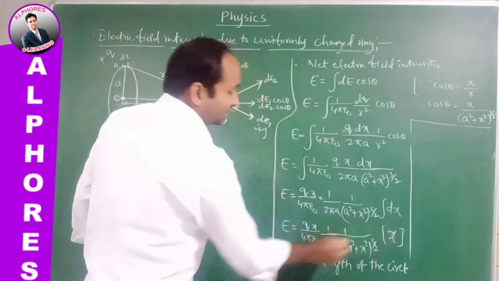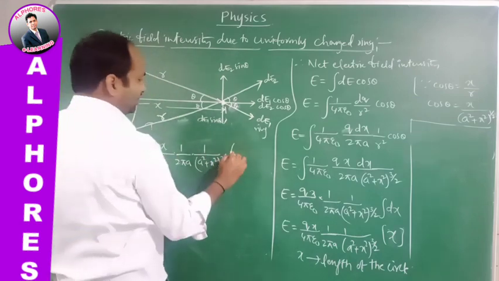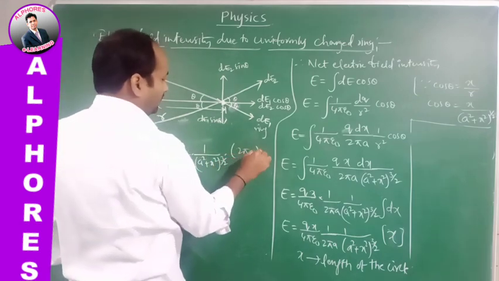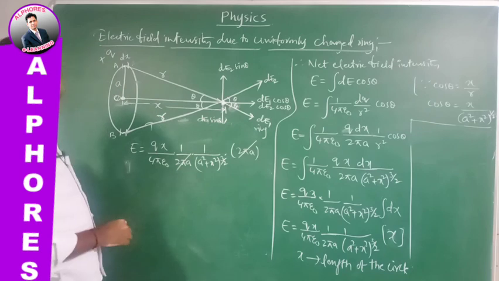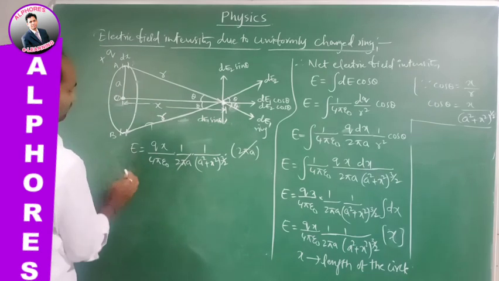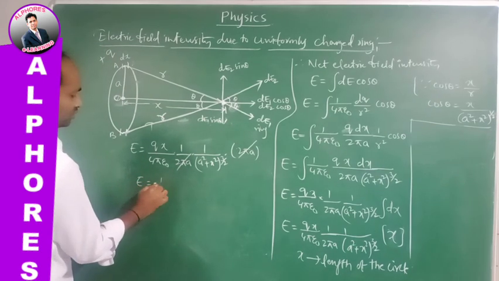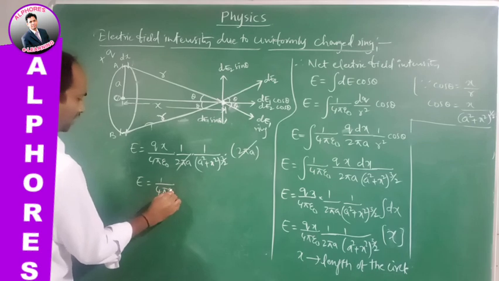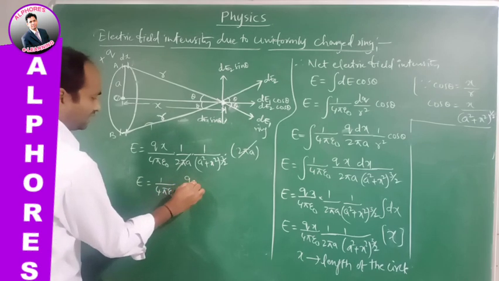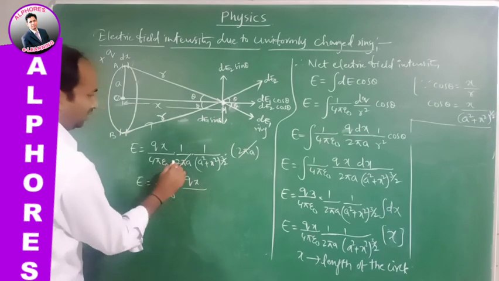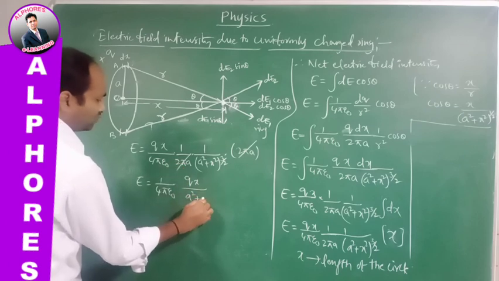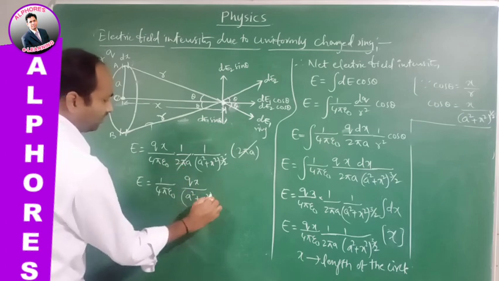Here we said it is the length of the circle, which is 2 pi a. Now this 2 pi a gets cancelled. Therefore the remaining is E equal to 1 by 4 pi epsilon naught, qx by (a square plus x square) whole to the power of 3 by 2.